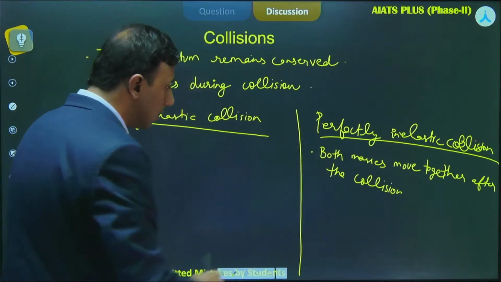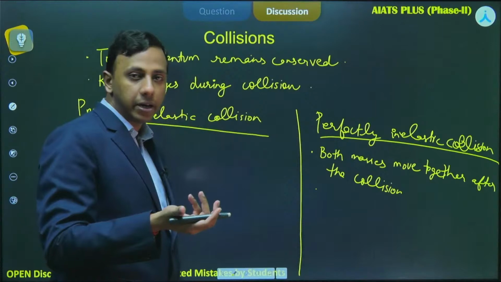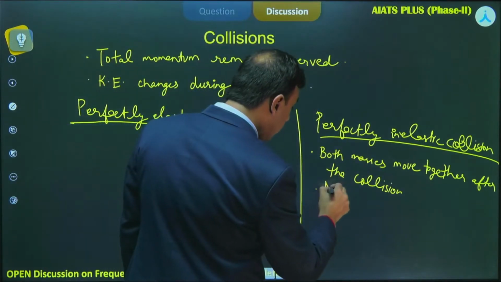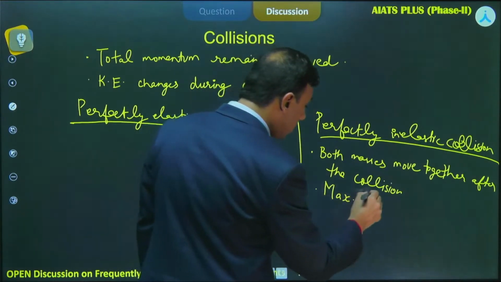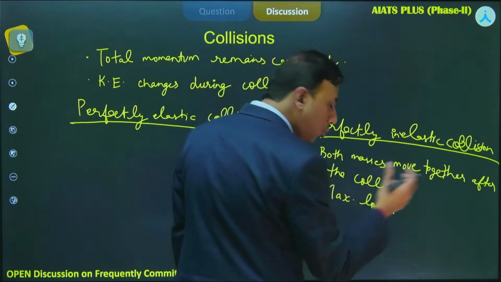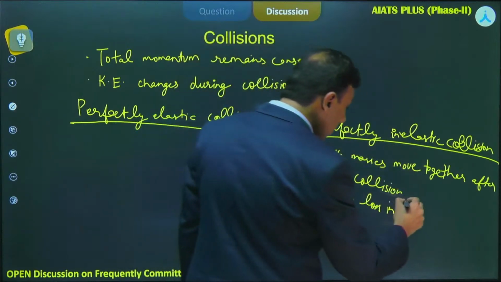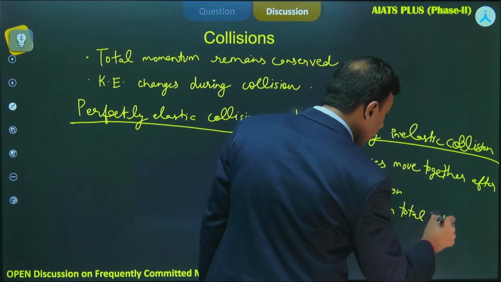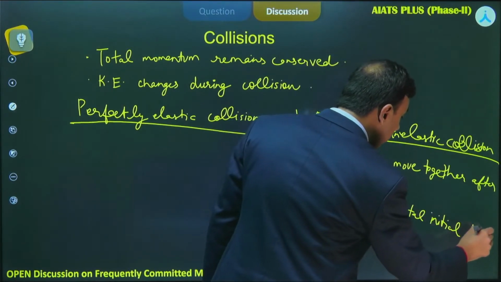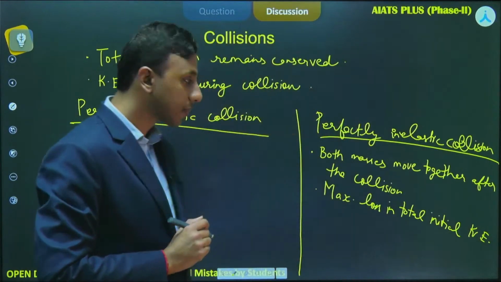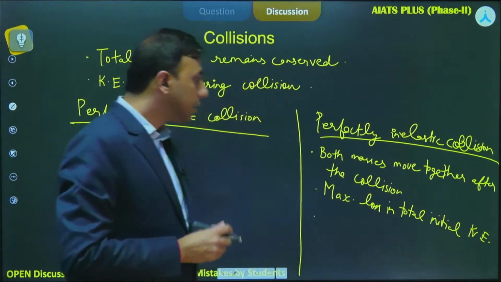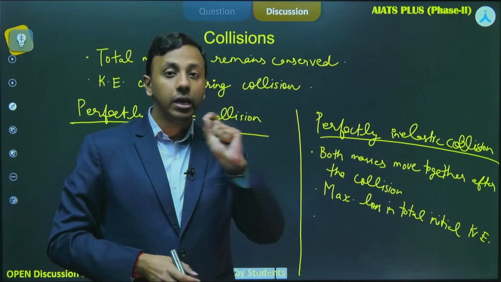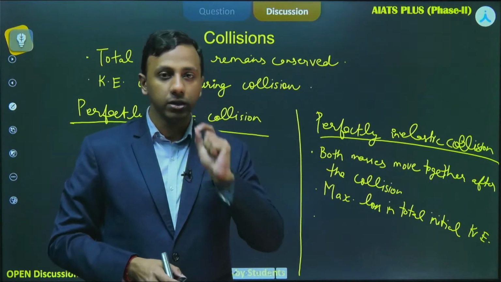And we will say there will be loss of kinetic energy before and after, maximum loss in total kinetic energy relative to the total initial kinetic energy. There is also another symbol which we use, as you will see in the next question, which is e. e stands for coefficient of restitution.